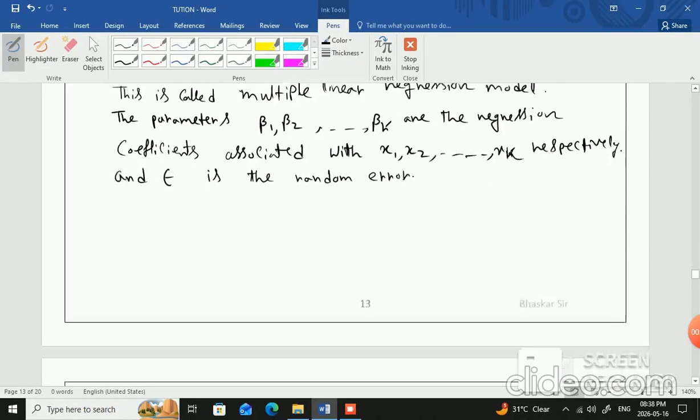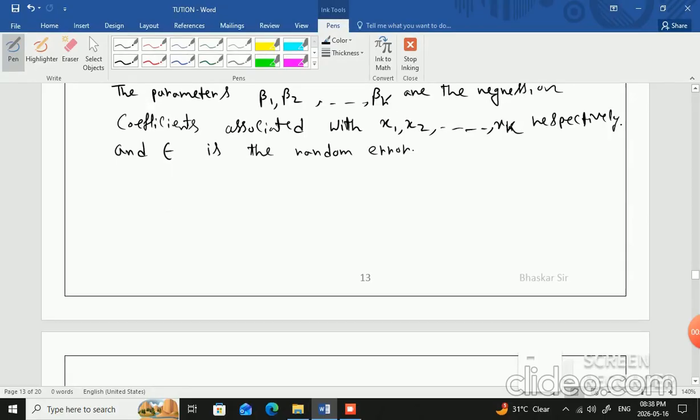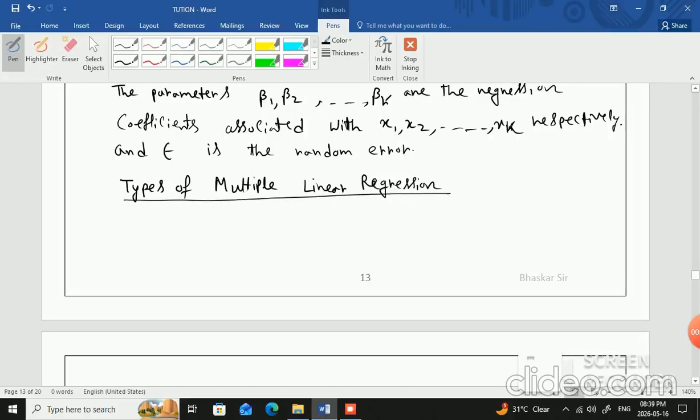There are two types of multiple linear regression model.